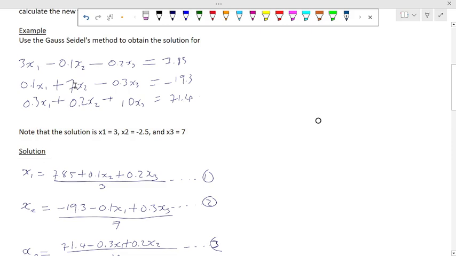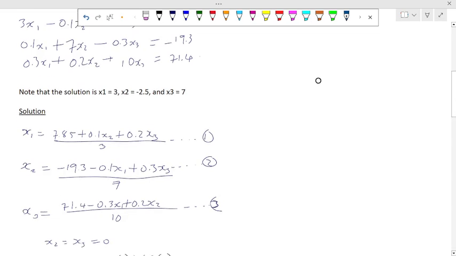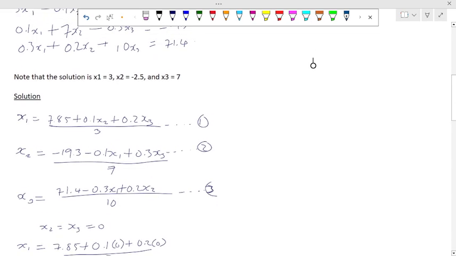Divide by 7, so 7 comes under. This one, move it this way, it becomes negative. This one, move it this way, it becomes positive. The same applies to equation 3: to make x3 the subject, divide by 10, so we have the 10 here. Move this term this way and it becomes negative.